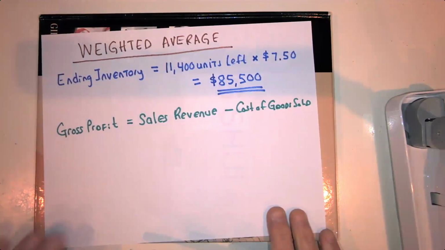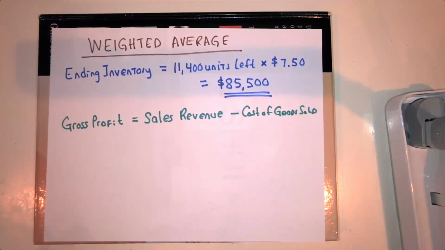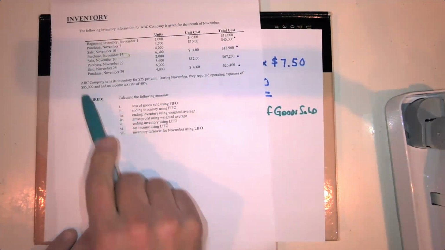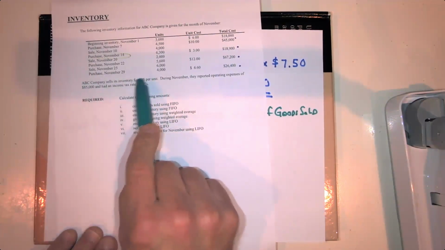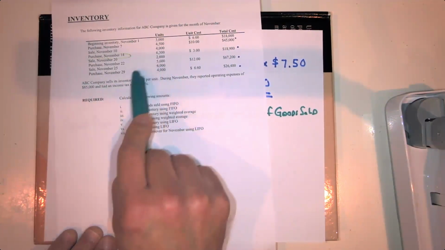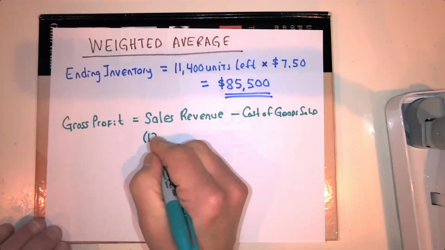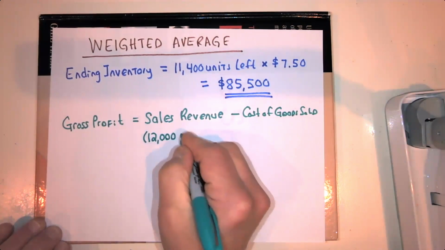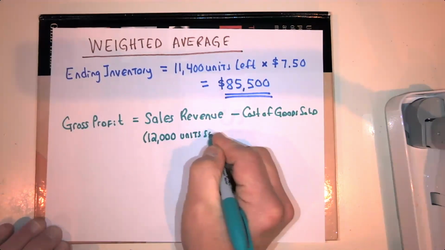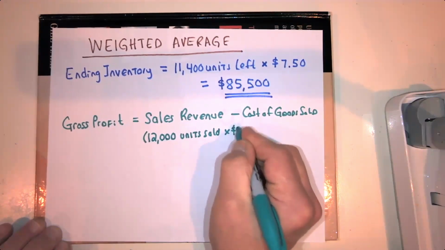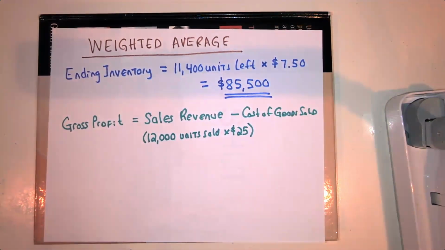And just like he said, they told us in this problem, ABC company sells inventory to customers for a price of 25 bucks each. So we can calculate our sales revenue as the 12,000 units that we sold times $25.